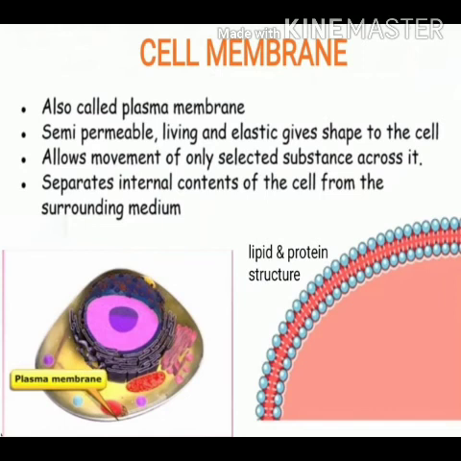Whatever is of their need, they will take in from outside, and whatever is not of their use, they will send outside. For example, glucose and oxygen can enter into the cell, as the cell has to perform every living process for its survival, and carbon dioxide, which is a waste, can move out from the cell. I hope you understood the meaning of selectively permeable. That is another feature of the cell membrane.